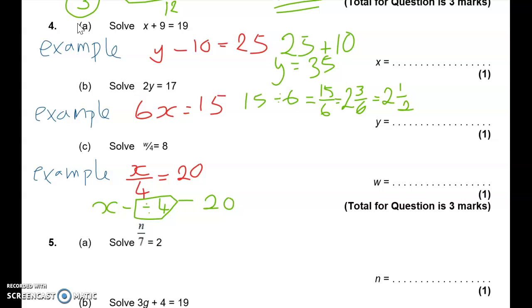The inverse of dividing by 4 is to times by 4. So I know that 20 times 4 is 80. Let me check it. 80 divided by 4 gives me 20. So my value for x here is 80, because 80 divided by 4 is 20.